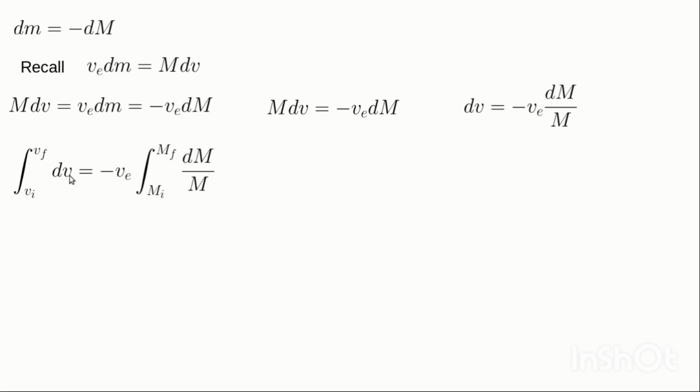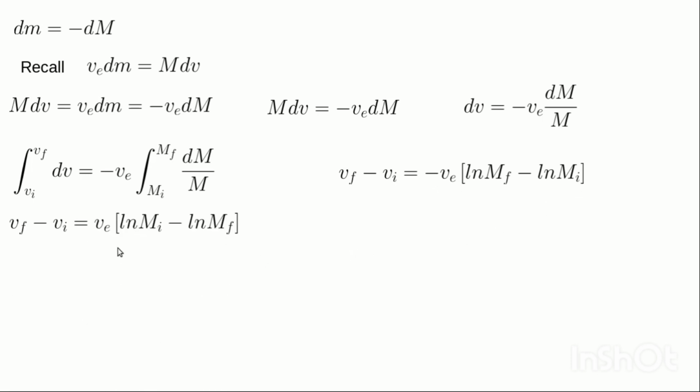So if we integrate, we have vf minus vi equal to minus ve times ln M, and that ln M we put in the final mass, initial mass. At this point, we can send the minus in, so that it becomes vf minus vi equal to ve. Then these two will change, so it becomes Mi over Mf.